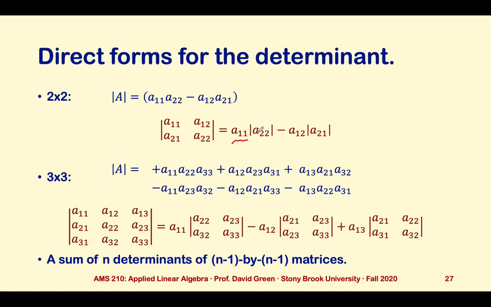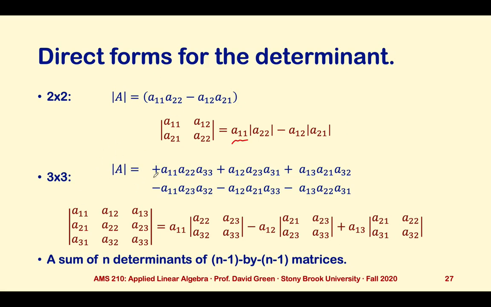The determinant is just equal to that value. Minus A12 times the determinant of a 1x1 matrix whose element is A21. This seems rather pointless for just the 2x2 case, but the reason for writing this down might seem apparent when we go to the 3x3 case.